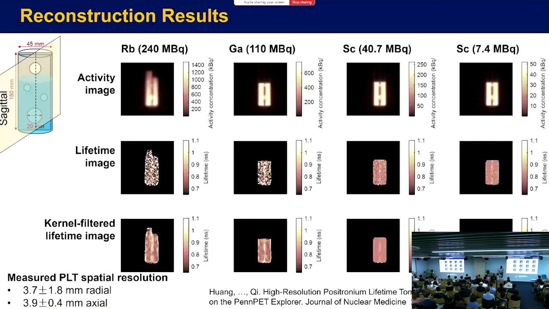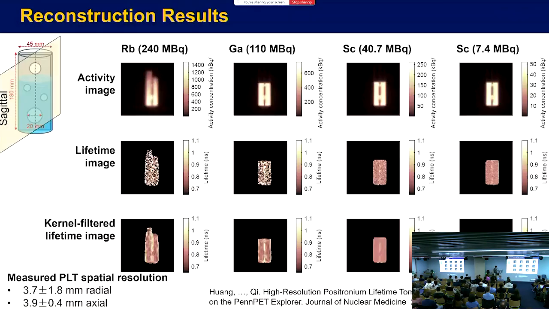So the top row shows activity, and you see very low activity inside the slab. But the lifetime on the second and third rows shows the lifetime of polycarbonate is really high. It's higher than the water. The bottom row applies the kernel-based filter to the middle row lifetime image.